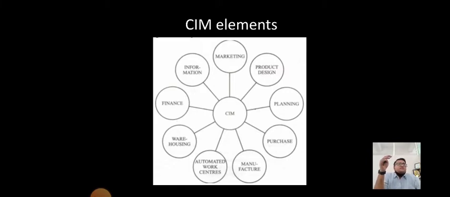In a CIM system, this planning process should be constrained by the production cost and by the production equipment and process capabilities in order to generate an optimized plan. So this is the third element of the CIM.